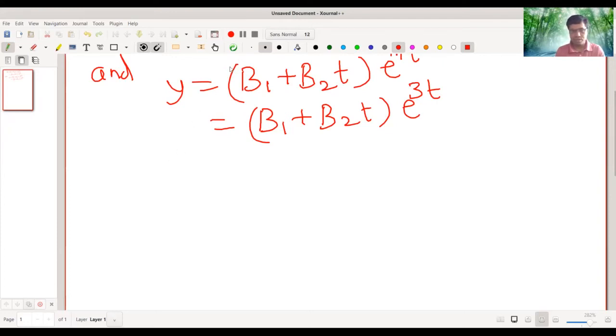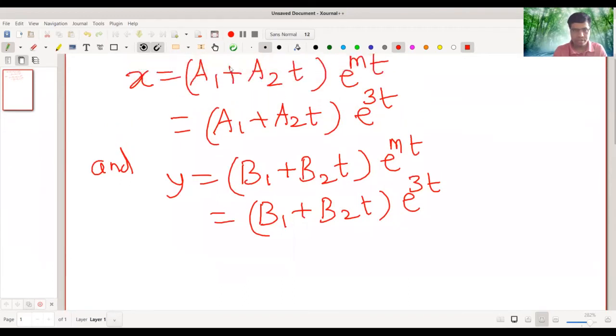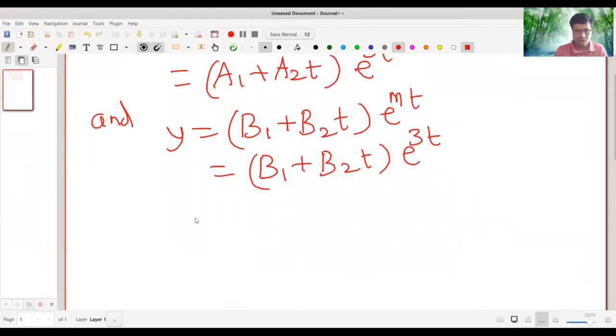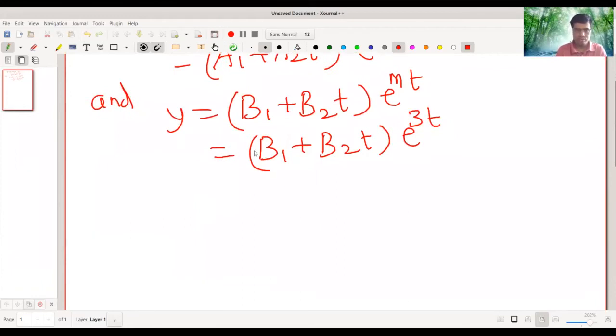So for that we differentiate this. Let us write down the values of dx by dt and dy by dt first.